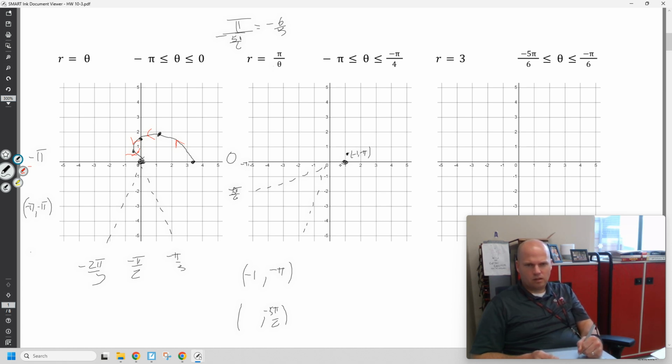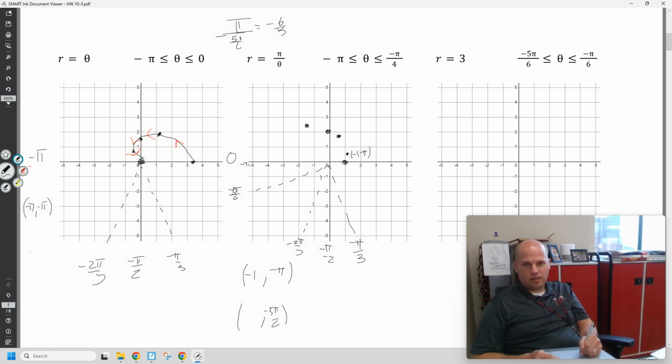Oh, right there. If your angle's negative 2 pi over 3, your radius is negative 1.5. If your angle is negative pi over 2, your radius is negative 2. If your angle is negative pi over 3, your radius is negative 3.